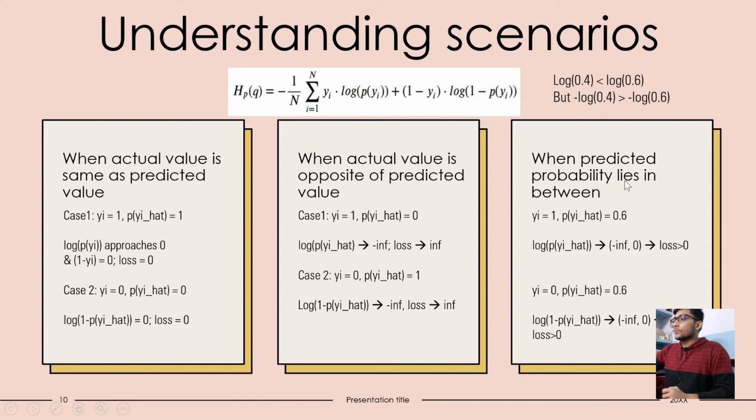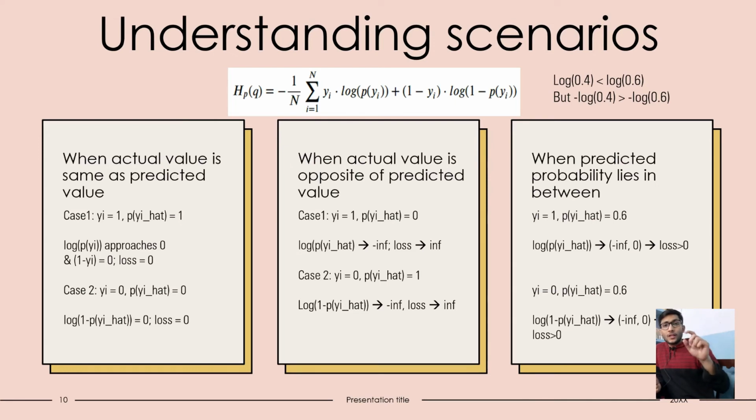The third scenario is when your predicted probability lies somewhere between 0 and 1. Say your probability is 0.6 and your actual class label is 1. If you set a threshold of 0.5, your model would be classified as predicting 1, but the model is still 0.4 short in terms of probability.